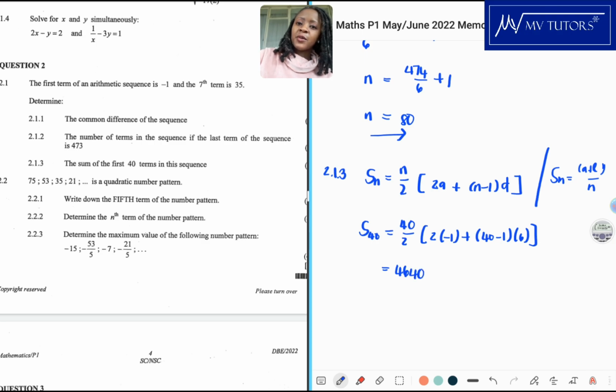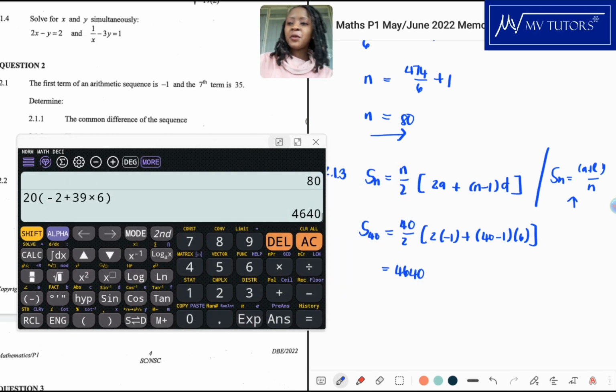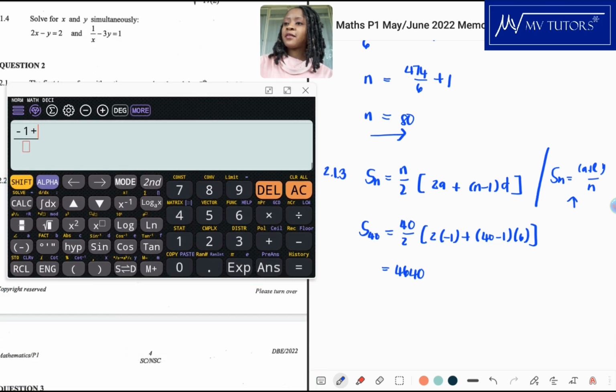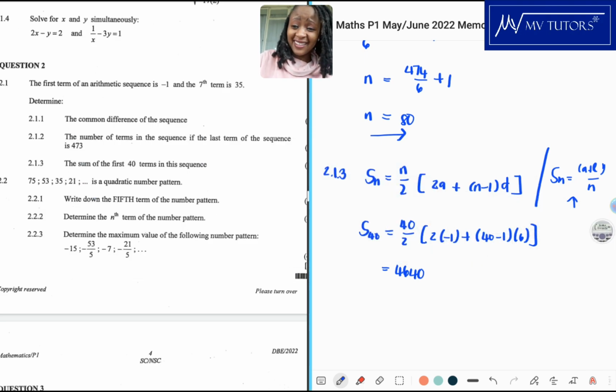Out of interest though, does this one work? If we were to have the first term as negative 1 plus the last term, which was 473 all over 40. Hey, no. I must have written it incorrectly. Yeah, something is missing in this equation. Forget I said anything about that.